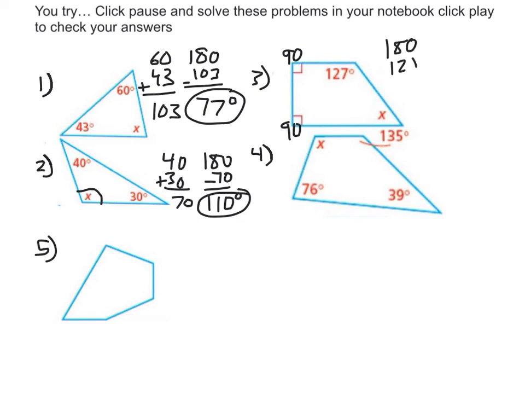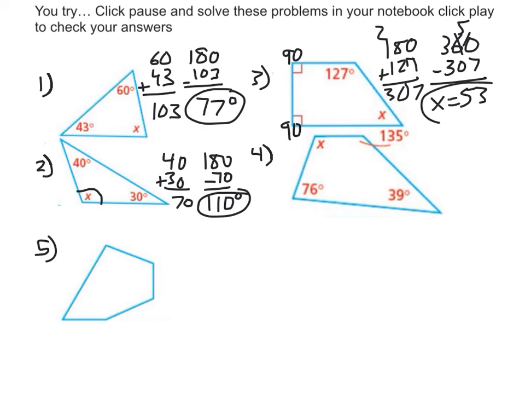And if I add that to 127, I get 307. So the difference between the total of all the angle measurements and 307 is 360 minus 307. So if I do the math, I get 53 degrees. So x equals 53 degrees.